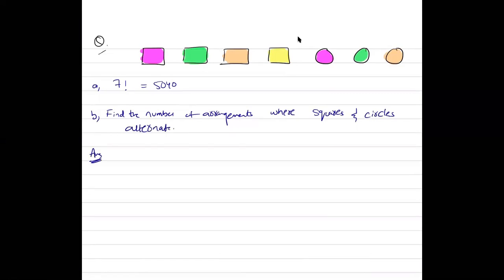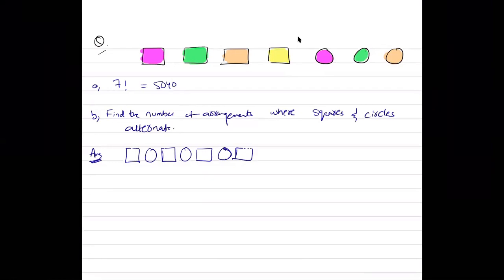So square and circle are alternating, meaning you start off with a square followed by a circle, then a square, then a circle, then a square, then a circle, and then a square. Is the other way around possible? Can you start off with circles? No. Why?